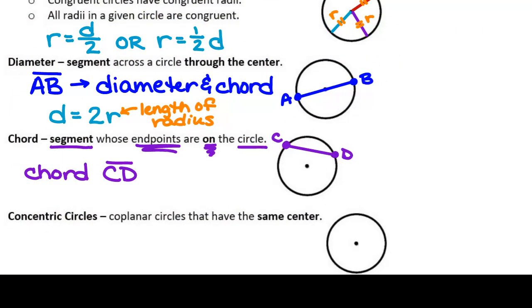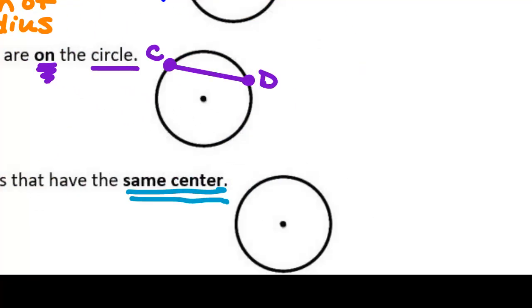And then we have concentric circles. These are coplanar circles that have the same center. So this always kind of reminds me of a target. Concentric circles would look something like this.